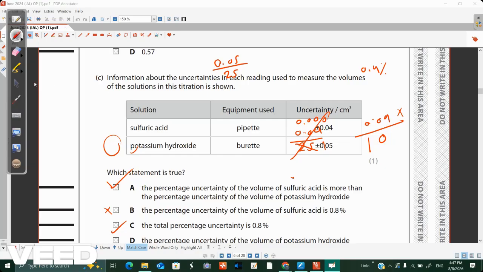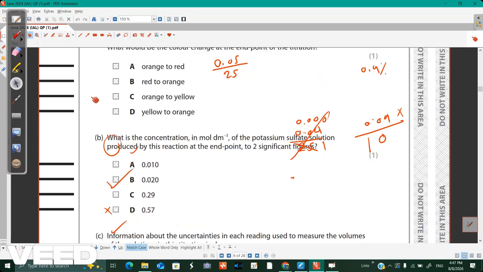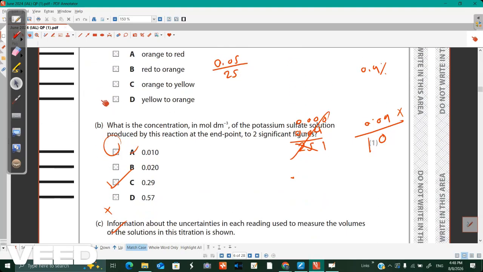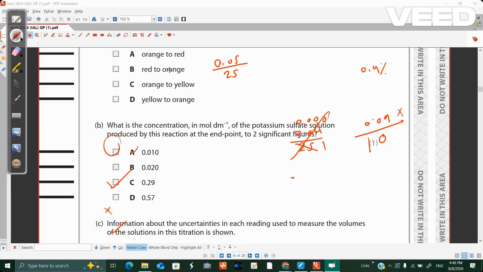So what is the volume? 0.05. Volume measured is 25. So it is again 5 times 1, 5 times 4.